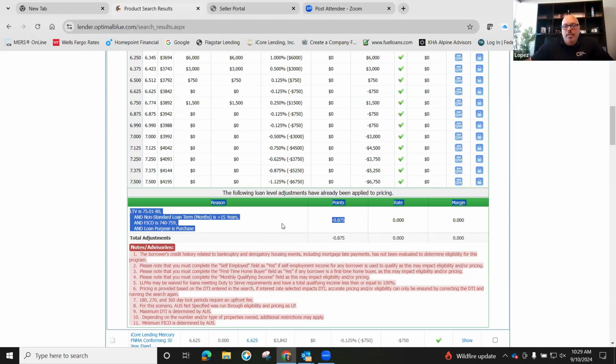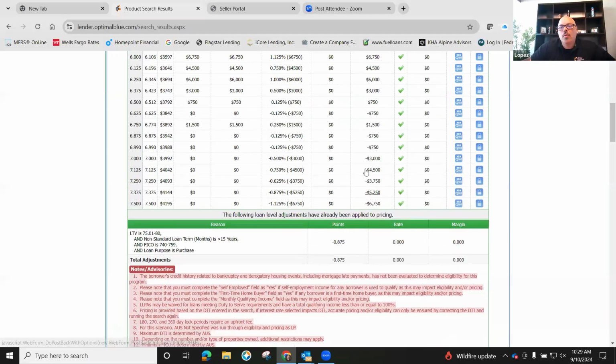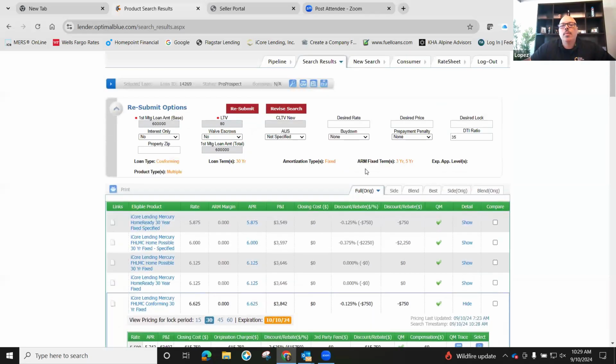Any questions? I do have one question, sir. Go ahead, Manuel. Well, when you put the reserves, does it give you any different results if you put in 1 month versus 36 months? Yes. So obviously for non-QM, good question, Manuel. For non-QM loans, it does matter depending on how many months.